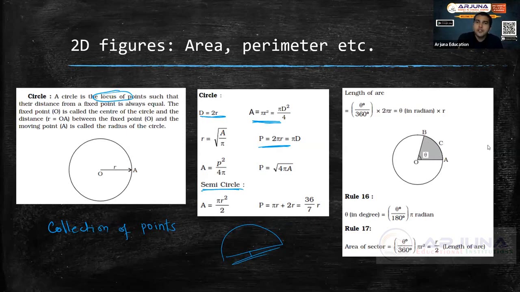Okay, so what about length of arc? The length of an arc, you will do a comparison like this. I'll just write it down in this way. For 360 degrees, you have the length of circumference as 2 pi r.